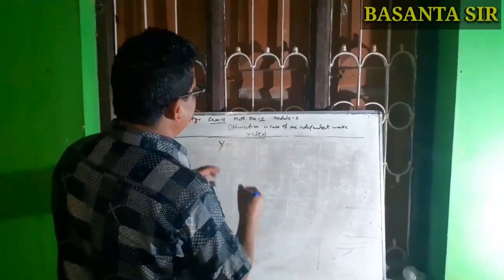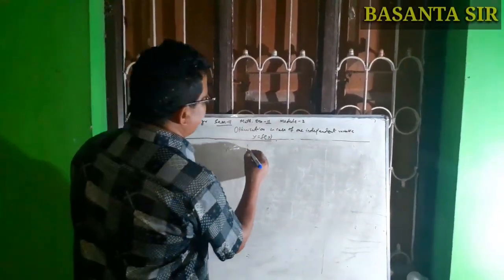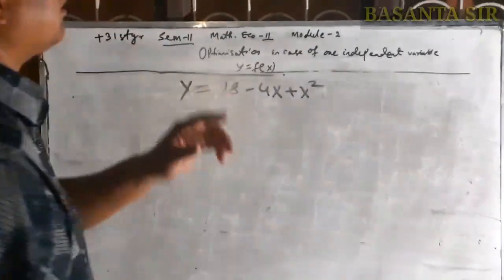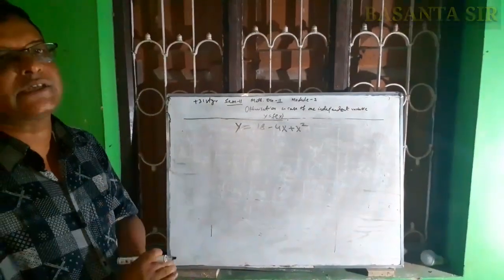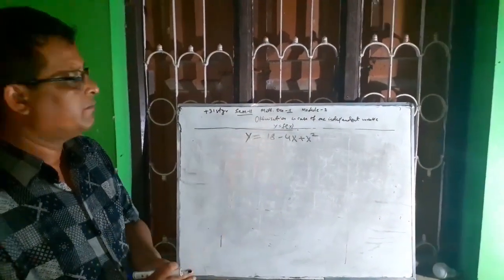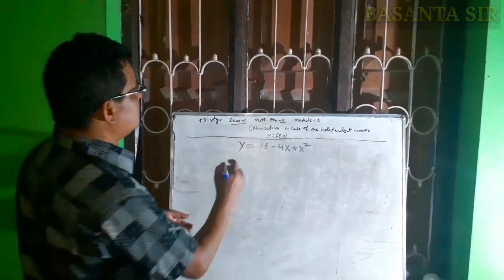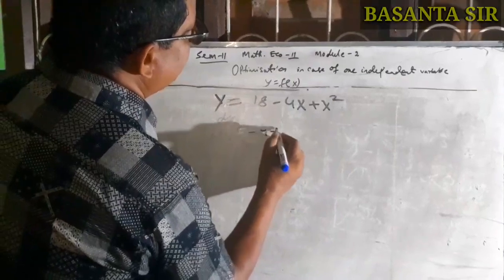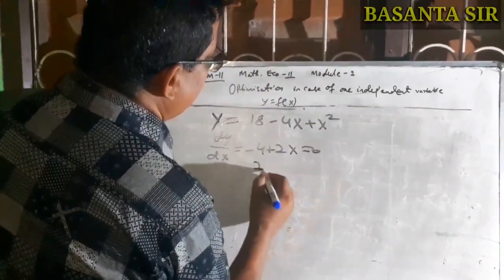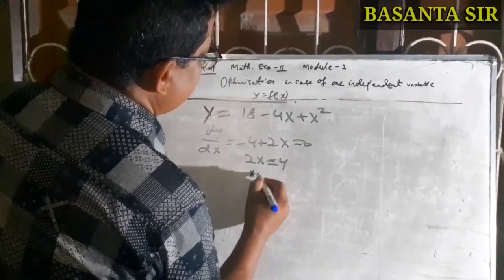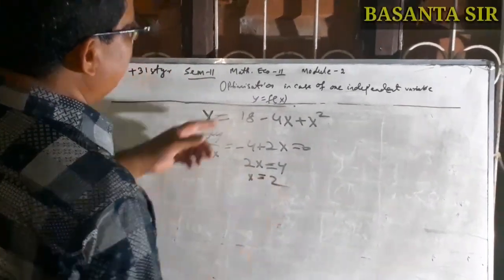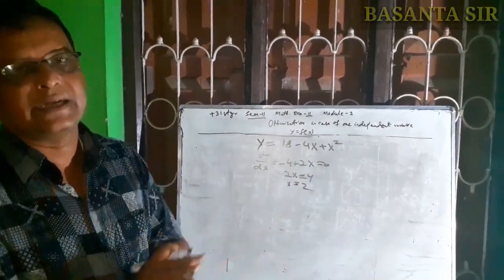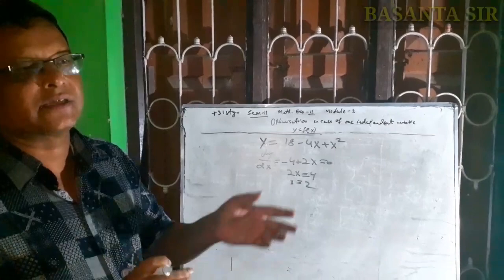In our example of the first order derivative, 18 minus 4x plus x square, we found that the function was minimum. We should check it by taking the second order derivative also. When we find the first order derivative, we get minus 4 plus 2x equal to 0, 2x equal to 4, x equal to 2. In the second order derivative, there is no need to take any numbers arbitrarily as we took in the first order test, 1 and 3.